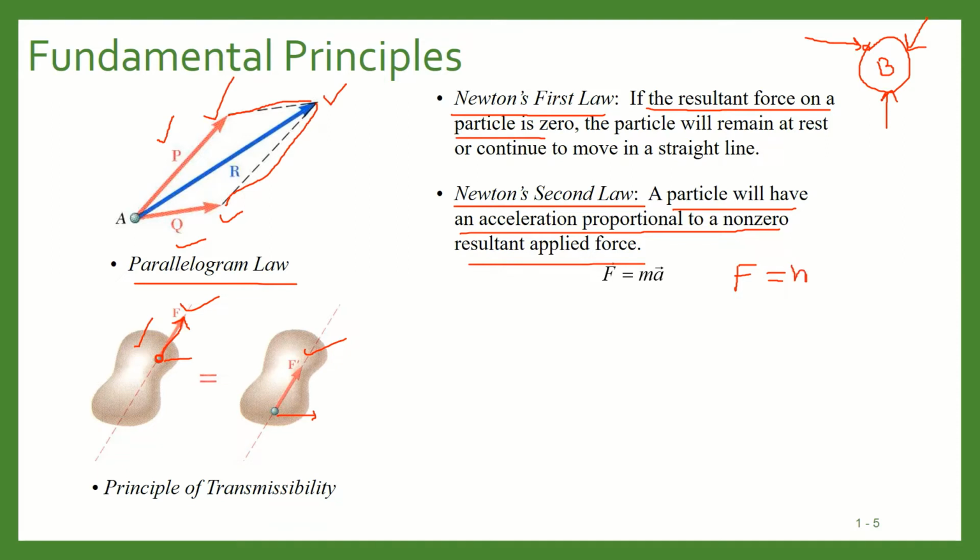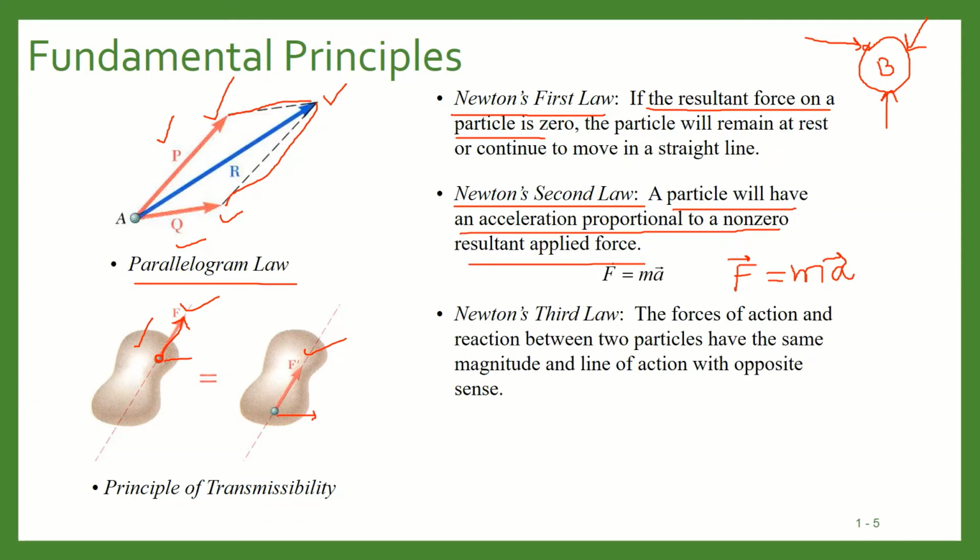And if you write it in the form of equality, then you can write F equals m into a. So a particle will have an acceleration proportional to a non-zero resultant applied force. So F is directly proportional to the acceleration.